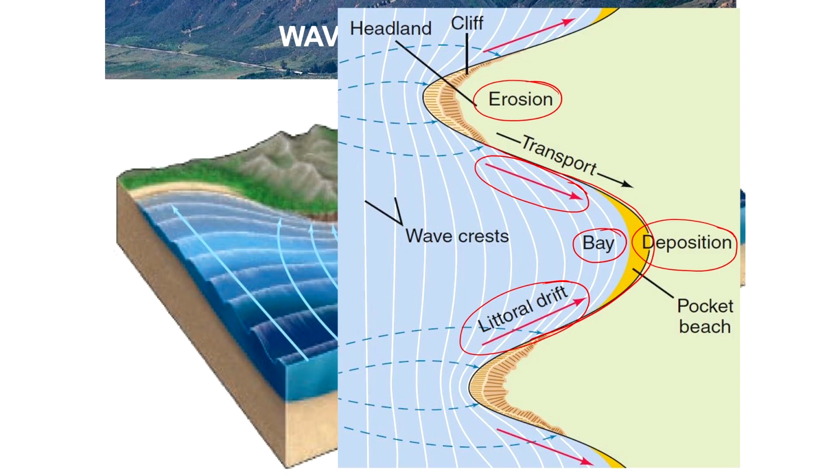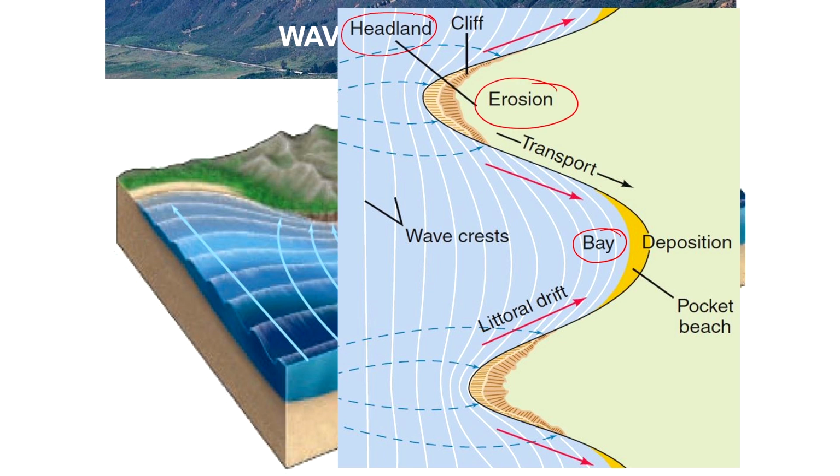So, what we have here is, one is your erosional landforms, which we will see are mostly termed as headlands, and we will have a cliffy coast.